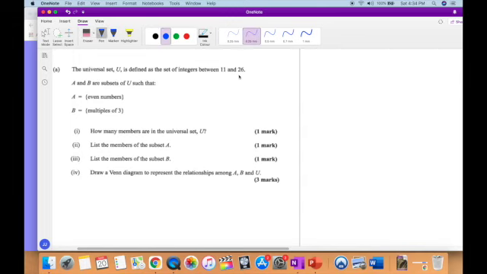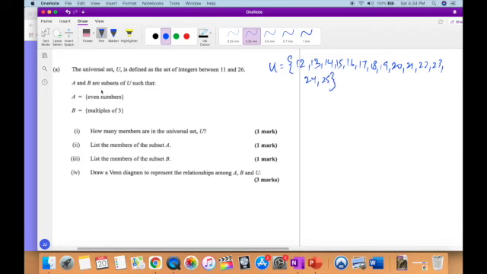I'm going to assume that it's not including 11 and 26. So therefore the set U is the set of 12, 13, 14, 15, 16, 17, 18, 19, 20, 21, 22, 23, 24, 25. This is the set U.